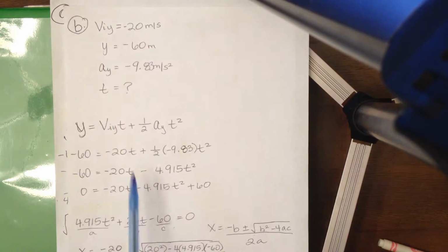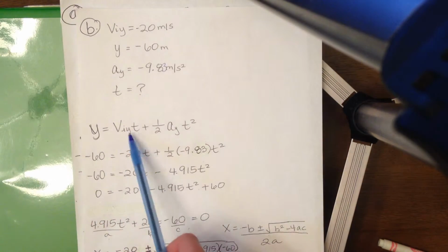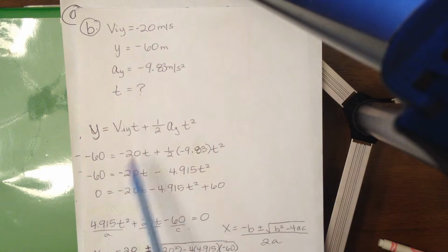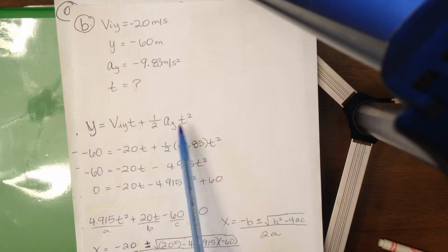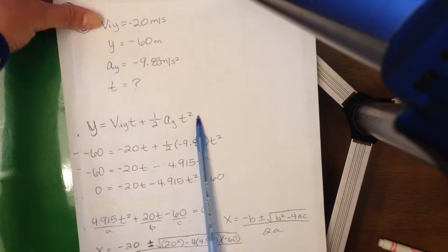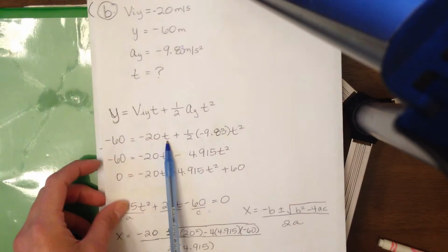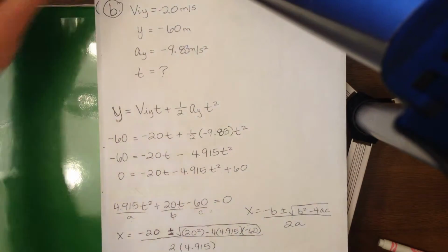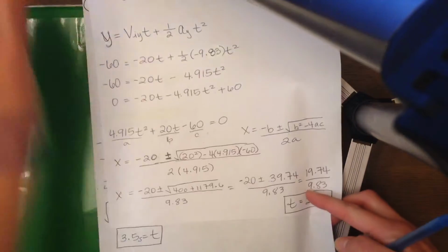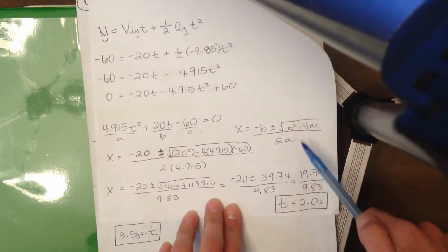We're going to use this equation again: y equals the initial velocity in the y direction times time plus 1/2 the acceleration in the y direction times time squared. Even after plugging in all our values, we have a t and a t squared, so we have to use the quadratic formula. So here's our quadratic formula.